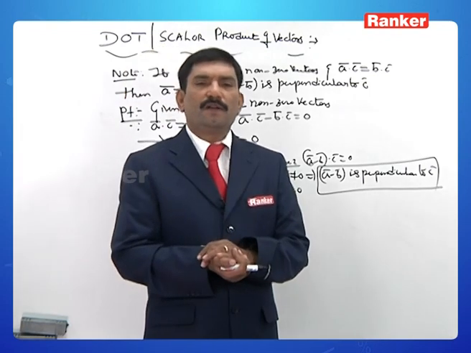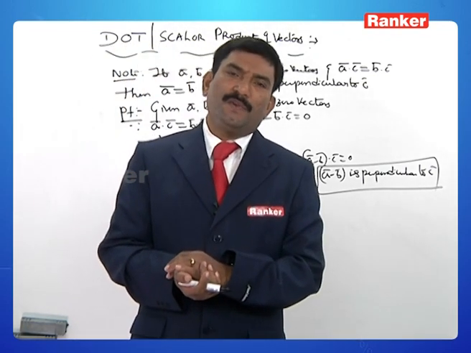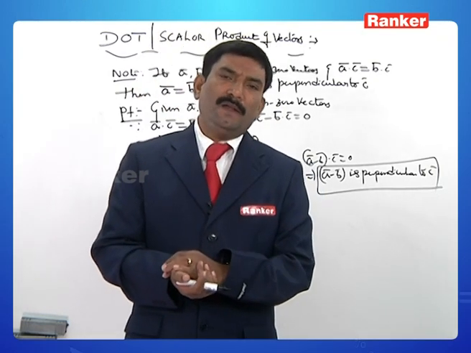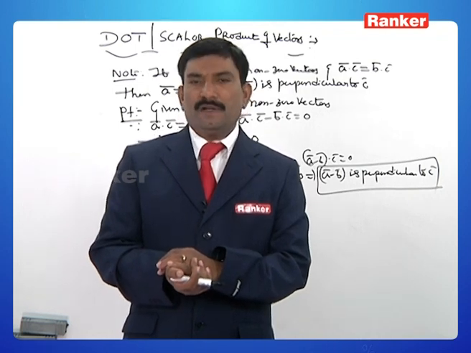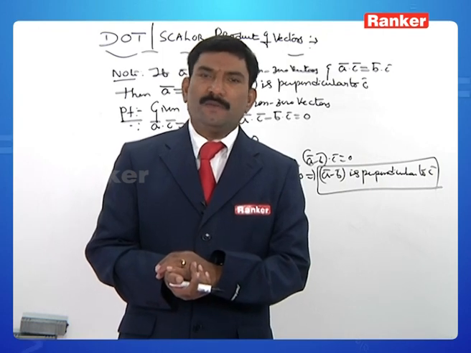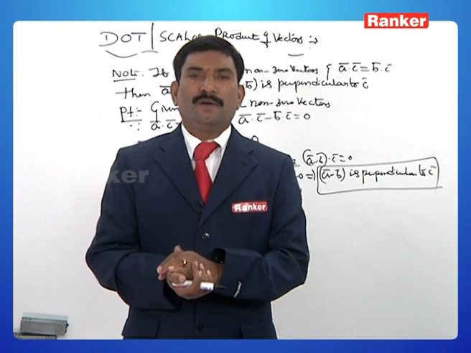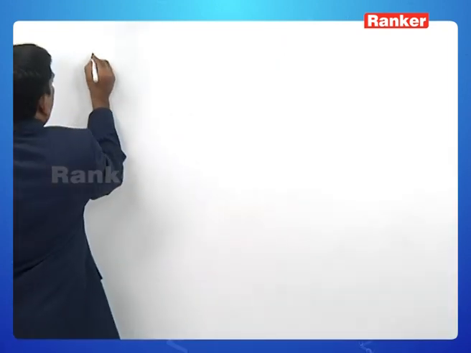I told already, whenever the dot product of any two vectors is equal to 0, then they are perpendicular or orthogonal to each other. If the angle between the two vectors is 90 degrees, then they are orthogonal to each other. Right.